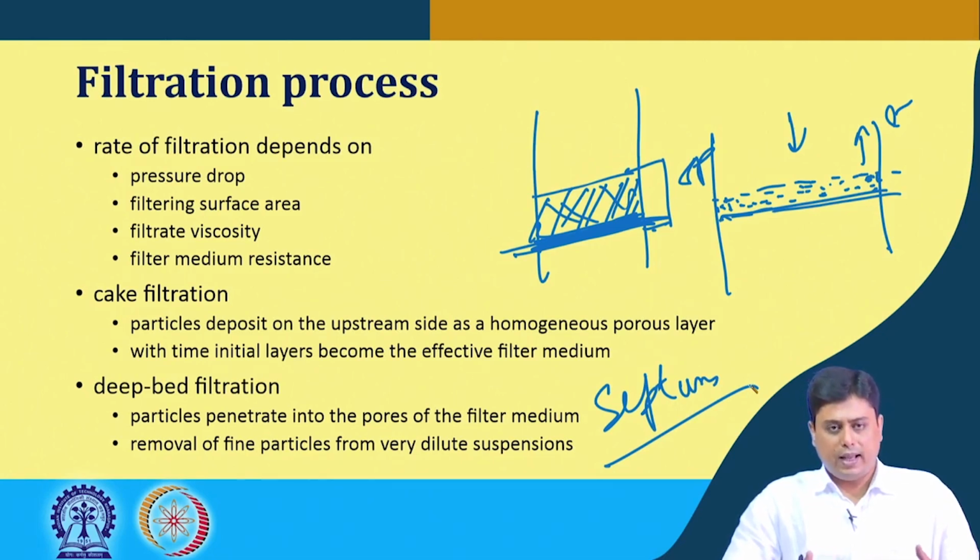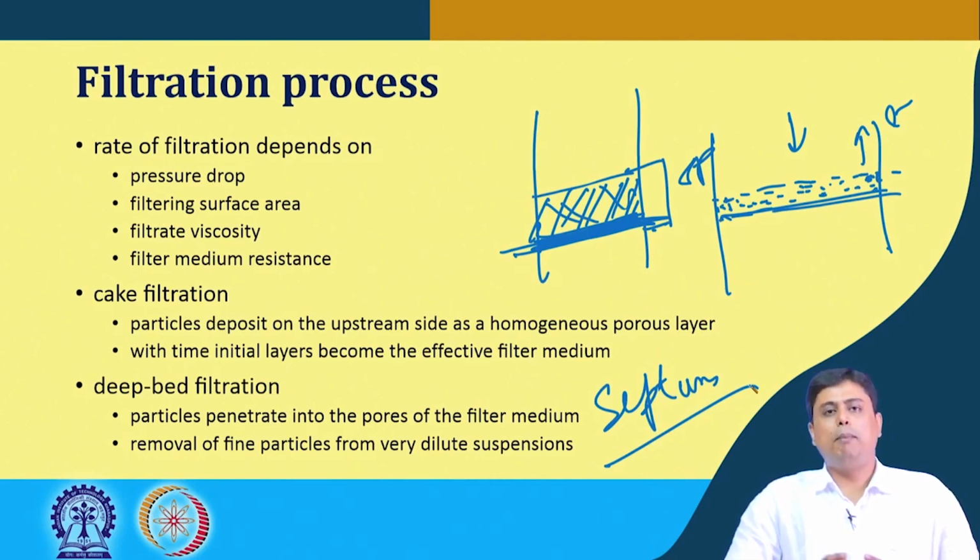Now, quite naturally, in deep bed filtration, since particles get stuck in the pores, it is difficult to remove them in certain cases. In both filtration cases, typically a wash liquid is used to recover this filter media or the membrane that we use. What happens?